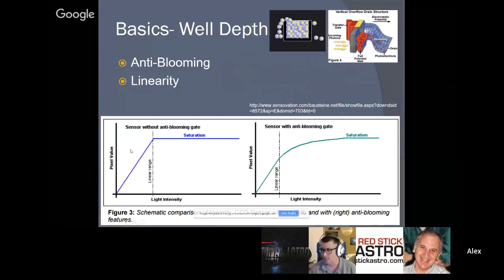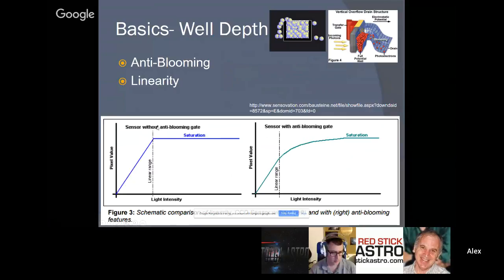And you can keep doing that until your pixel reaches saturation. So when you're taking a picture, this is saturation, and that's as much as you can go. Your light intensity may be continuing to go up, but you're not getting any more value out of it.